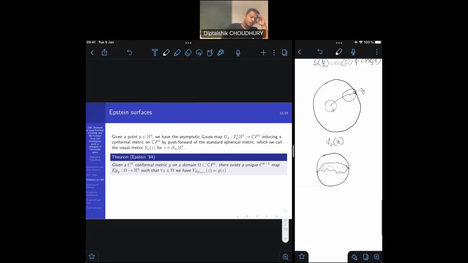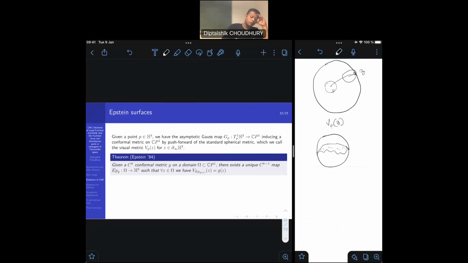If you really want to go into a bit further detail, but not really, then you could imagine that there is a one-to-one correspondence between conformal metrics at the boundary at infinity of H3 and horoballs based at the boundary at infinity of H3.